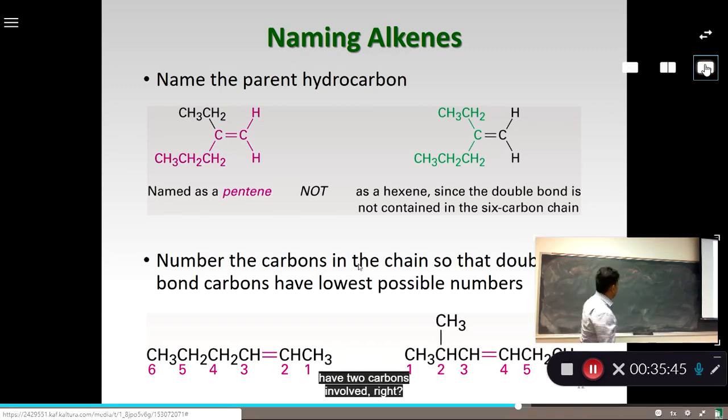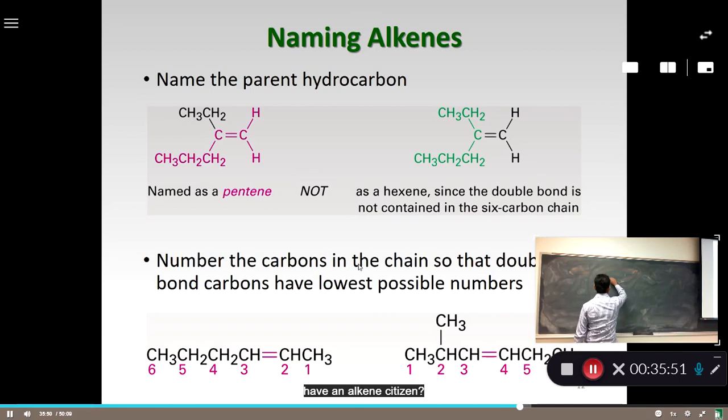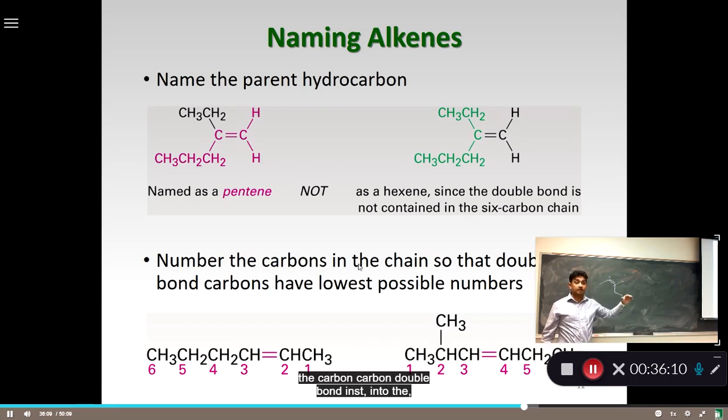So whenever you have an alkene, let's say this one, the most important thing to do is to include the two carbons that share the carbon-carbon double bond into the parent carbon chain.